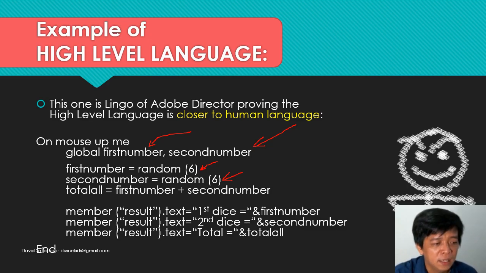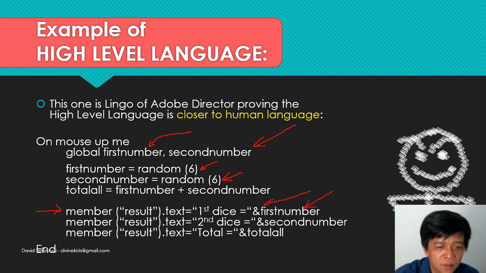So here is member result dot text. It's a field. I'm going to show the result in a field. So here is written first dice equals 3. This is a variable.